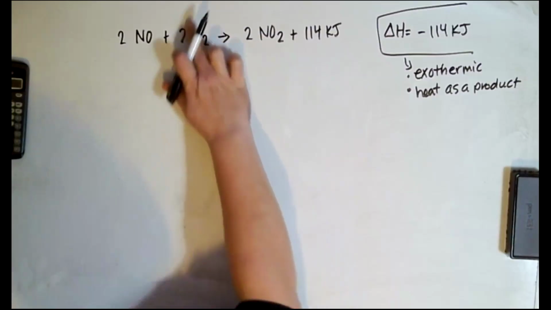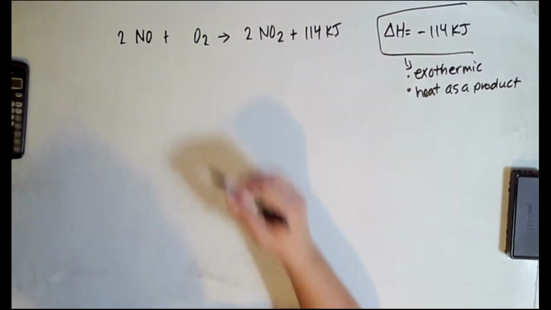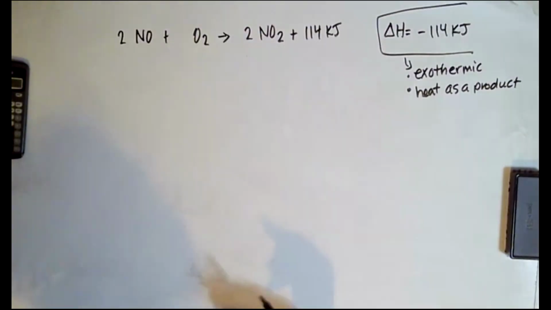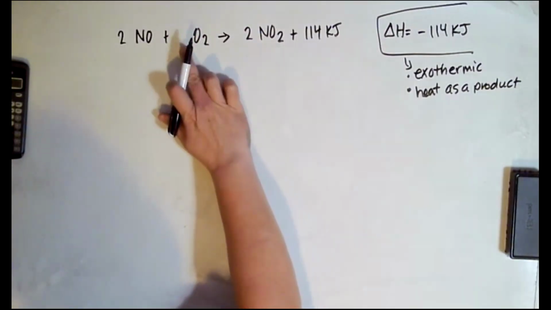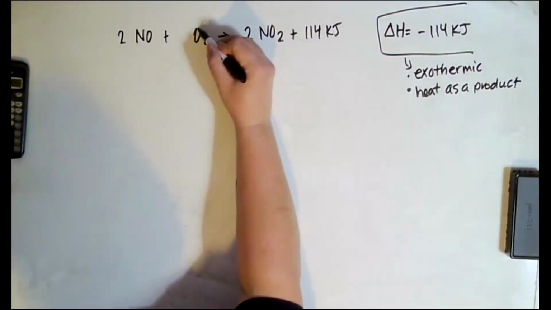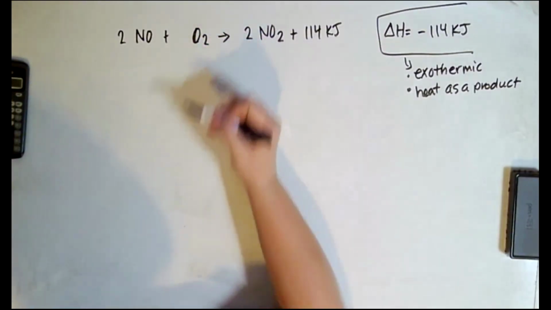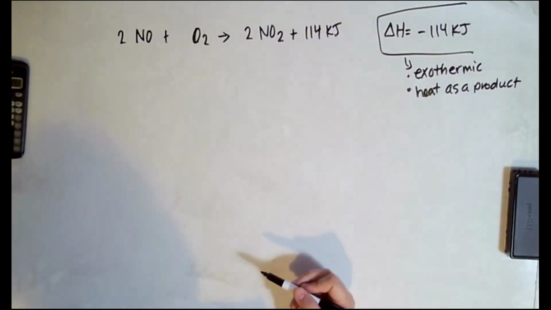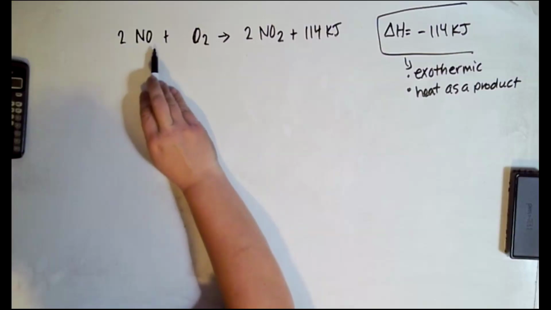I think that they meant to not have the 2 there. Yeah, okay. Yeah, there shouldn't have been a 2 there. That looks like it was a typo. Because now we have 2 nitrogens and 4 oxygens. Oh no, we don't. Now we have, yeah, 2, we have 4 of those.